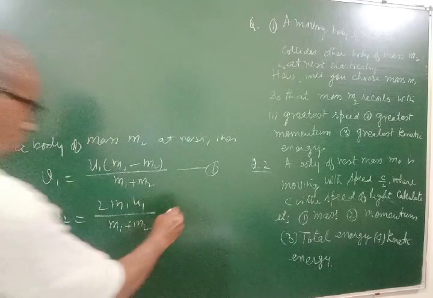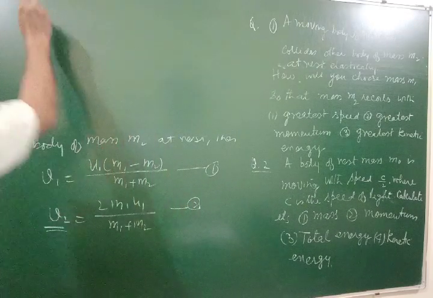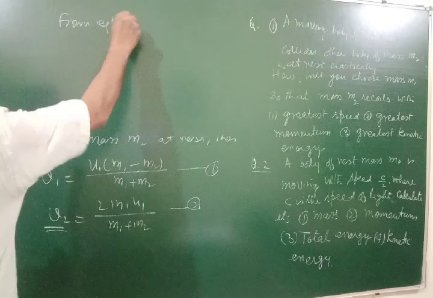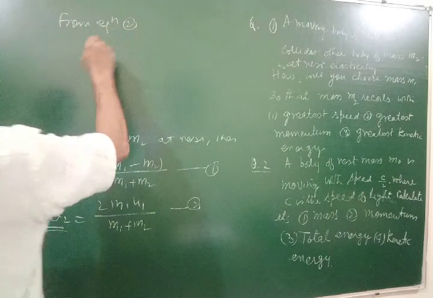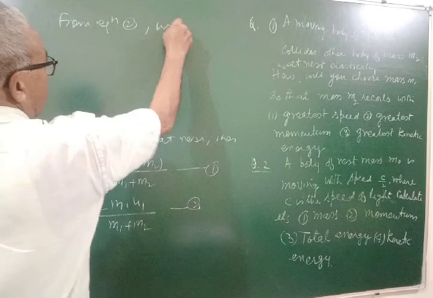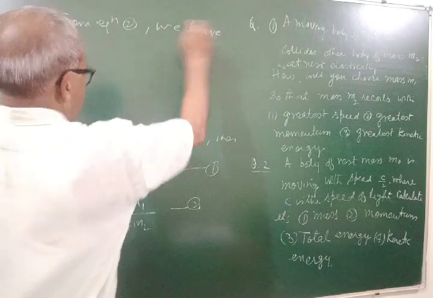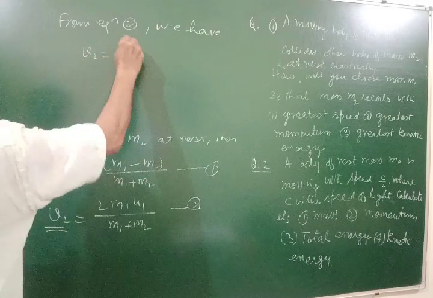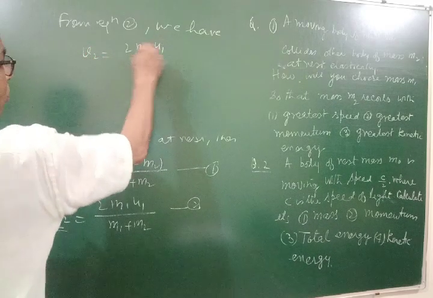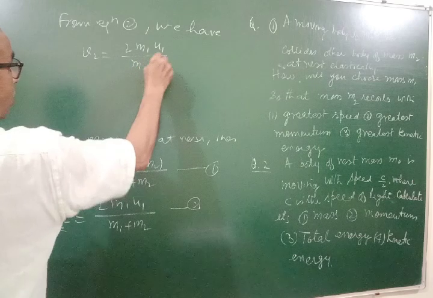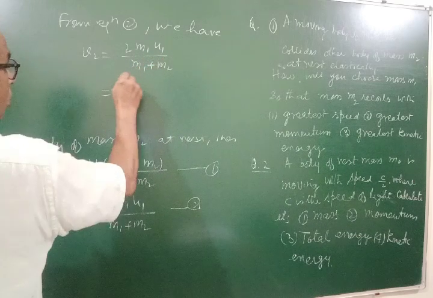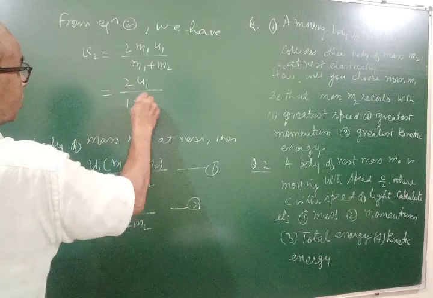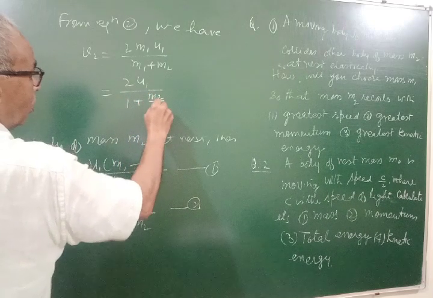So now from the equation 2, we have v2 is equal to 2m1 u1 upon m1 plus m2, or this can be written as 2u1 upon 1 plus m2 upon m1.